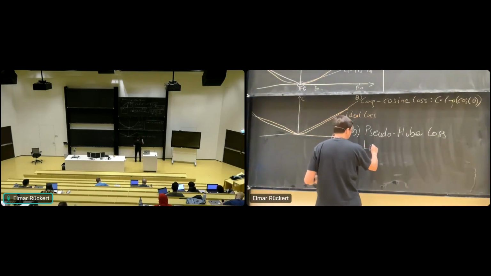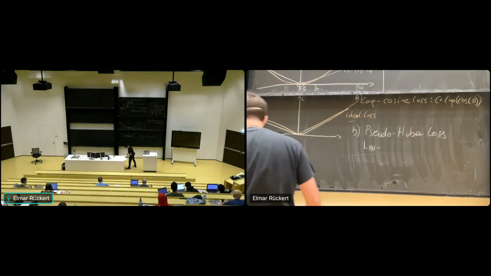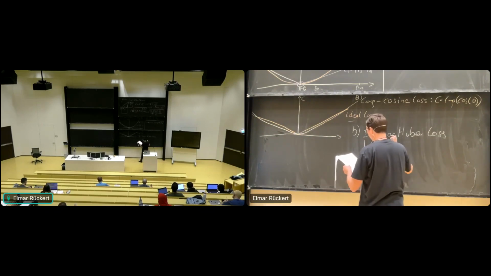And here this loss function LP is given by, let me look at it. I don't know it by heart. It has some parameter denoted by sigma here, which you can change.